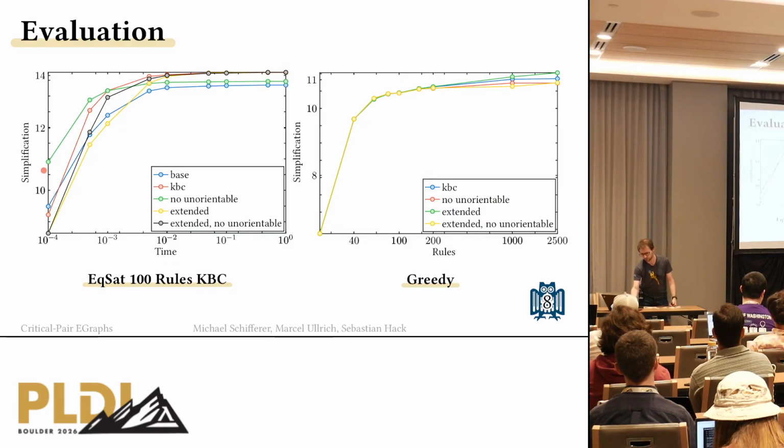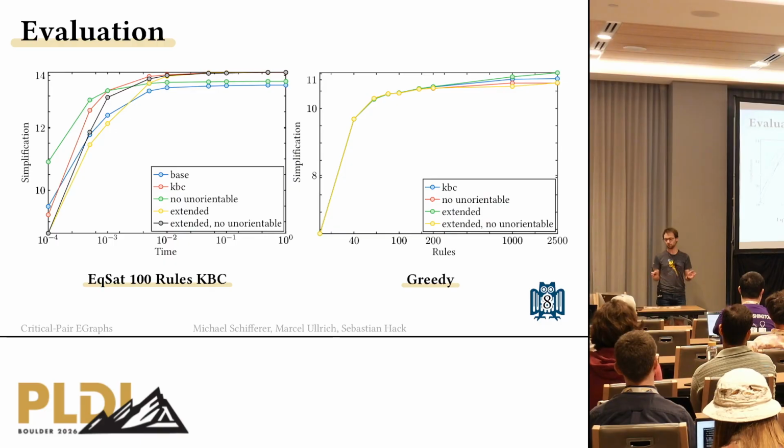But if you have no time, so if we basically just run a few instantiations of a rule and then extract the best term before the EQRAPHS has time to explore really, then these no unorientable rules are a lot better than basically all other rule sets, probably because they are more confluent. The rule set could go more in the confluent direction because they didn't have these unorientable rules, and therefore it managed to optimize more.